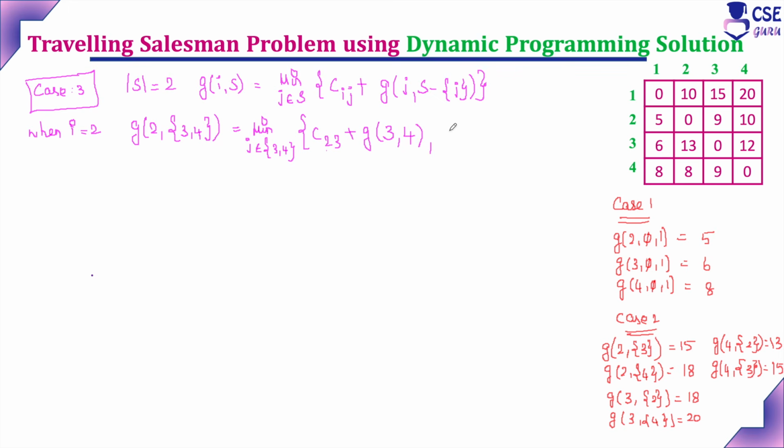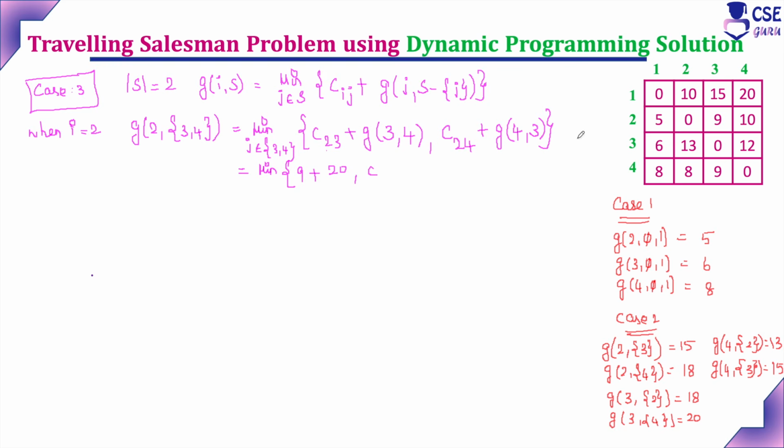Suppose you are considering that after visiting 2, you are going to visit the fourth city. Plus G of 4. After visiting 4, what is the remaining city? That is 3. This is the case we need to consider. So here we will get minimum of C of 2, 3. 2 to 3 cost is 9 plus G of 3, 4. What is the value? 3, 4 value is 20, comma, C of 2 to 4.